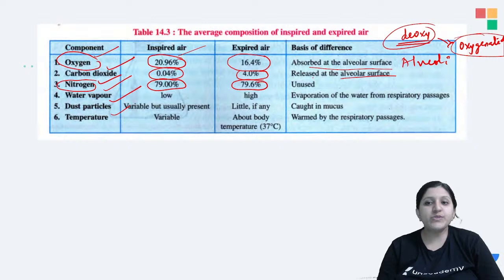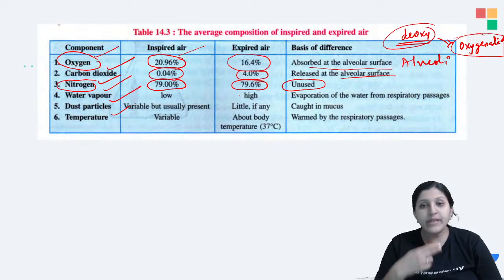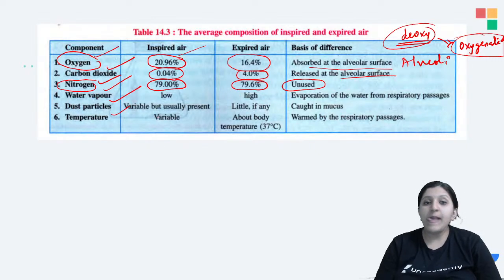Basically the nitrogen is not at all used. Some amount of nitrogen goes out from the body, but it is not being used up.